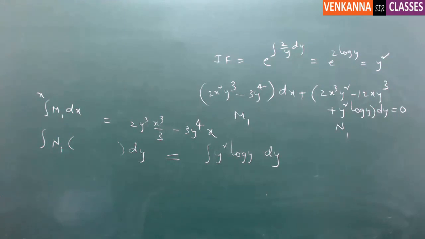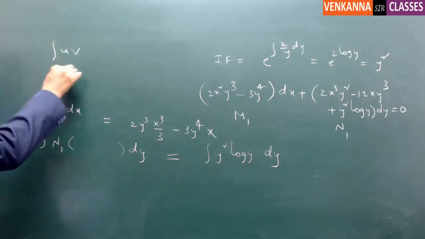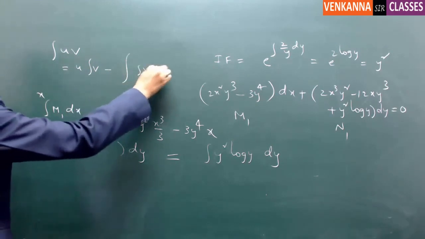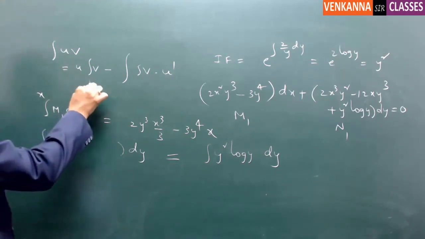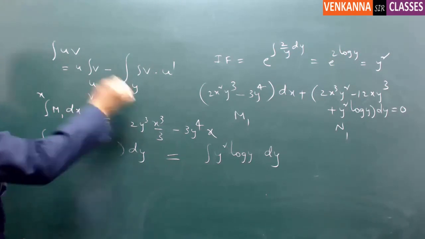Now you can use the formula of integration by parts: integral of u v is u into integral v minus integral of v into u dash. Or you can use the other formula also. So we take u equal to log y, v equal to y square.